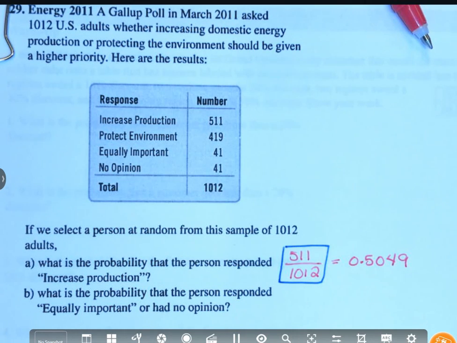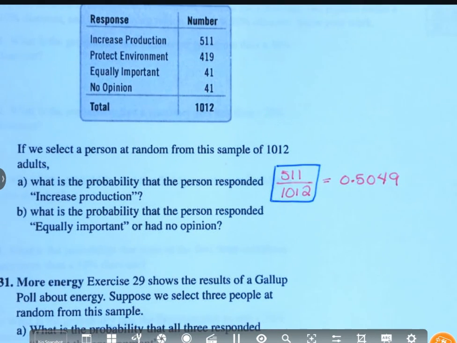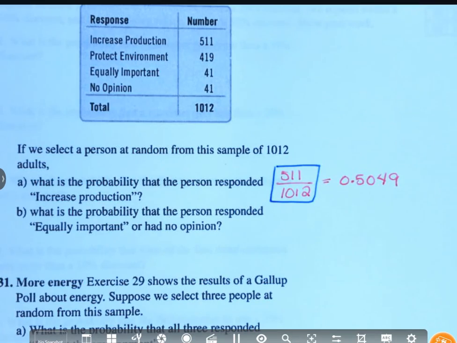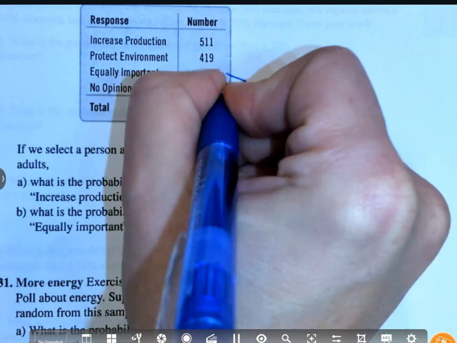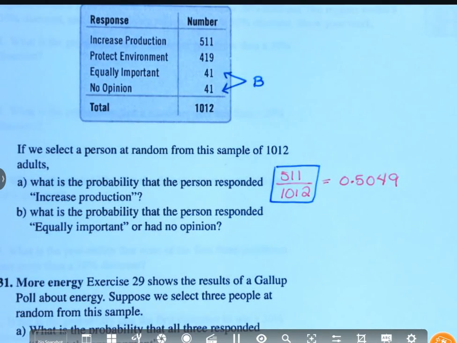That's absolutely critical. So then what's going to be the probability that somebody responded equally important or that they had no opinion? 82, because for this one, for B, we're looking at both of those.